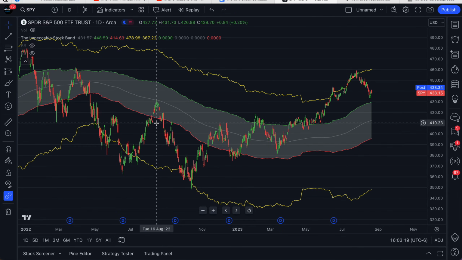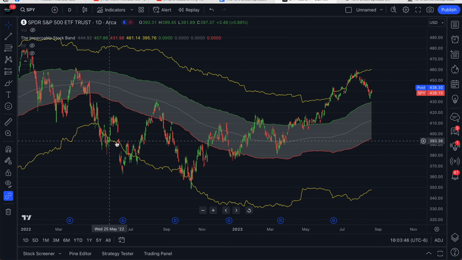Now, this one is a little different, but very similar, where we're not waiting for the stock to cross back above. We're taking advantage of the idea that the stock is overextended once it cracks this yellow line. Why? Because that's 4 standard deviations. If it breaks out of the 4 standard deviations, then it's pretty overextended and most likely to snap back or at least not drop much further.